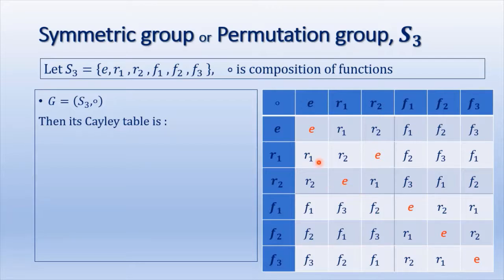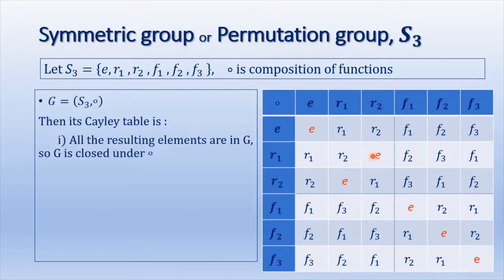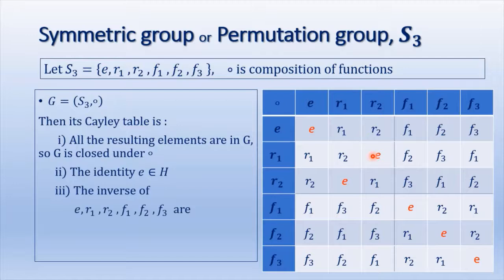You may note that E, R1, R2 alone form a subgroup of this group. Yes, of course, this is a group. We have all the resulting elements from this set, so it is closed. And E is the identity. And the inverses of these elements we'll see. I have written inverse of E is E, inverse of R1 is R2, inverse of R2 is R1.